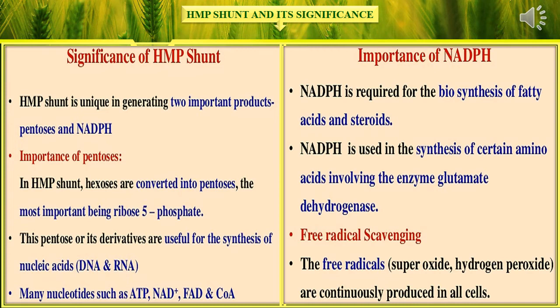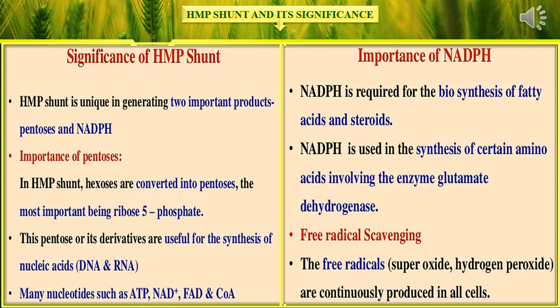So pentose has the most useful significance of synthesizing nucleic acids and nucleotides. Nucleotides are coenzymes, ATP, NAD, FAD, CoA, while DNA and RNA are nucleic acids that play a major role in the living cell.